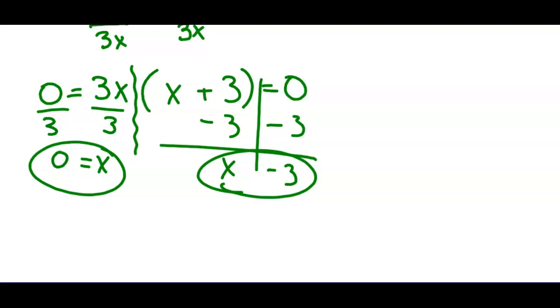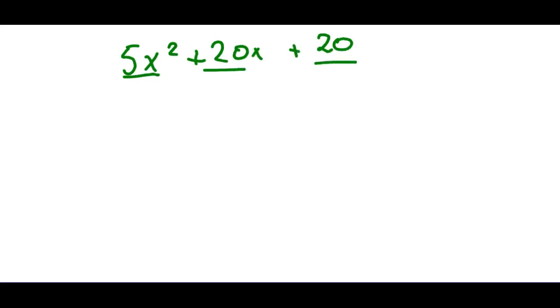Just divide that by 5 before you factor. It will be a whole lot easier, because if you try to factor that using diamond and box, you're going to be frustrated. So 5x squared plus 20x plus 20, divide each of these by 5.